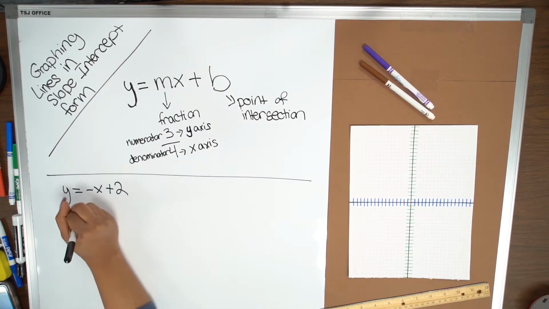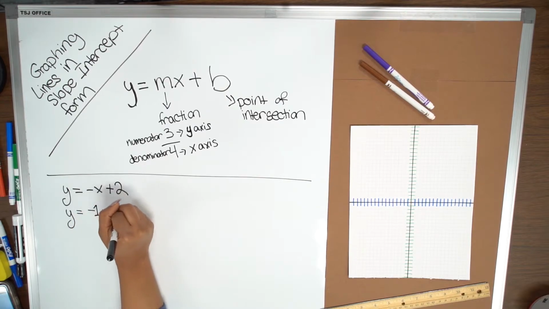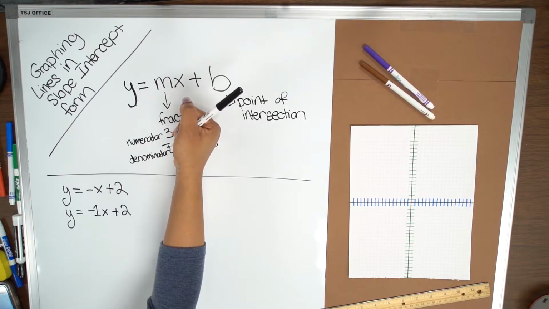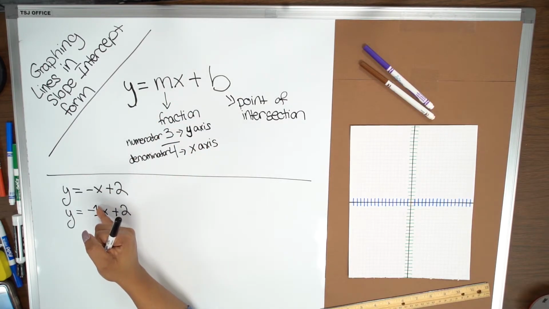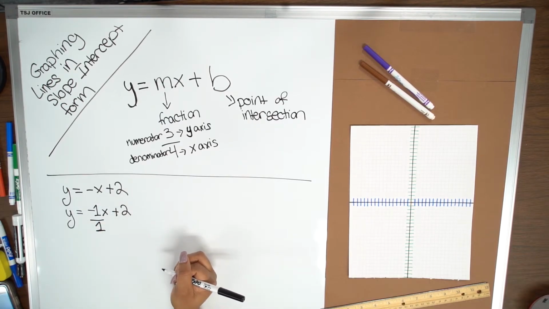So let's rewrite it. Y equals negative 1 X plus 2. Okay? And remember, we need to get the M to be a fraction. So every whole number is actually that number over 1. So when I teach this to my students, I suggest that they write it out so that they can see the whole thing.